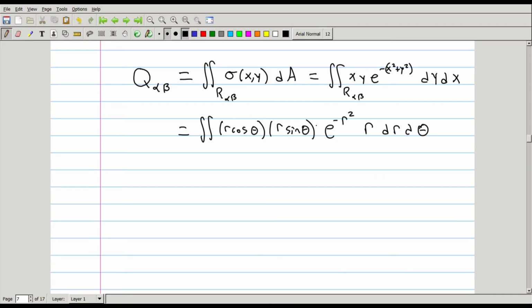But the bounds are going to simplify very, very greatly, because the theta bounds are just going to be from alpha to beta, and the r bounds here are going to be from 0 to R, where R is the radius of this plate.